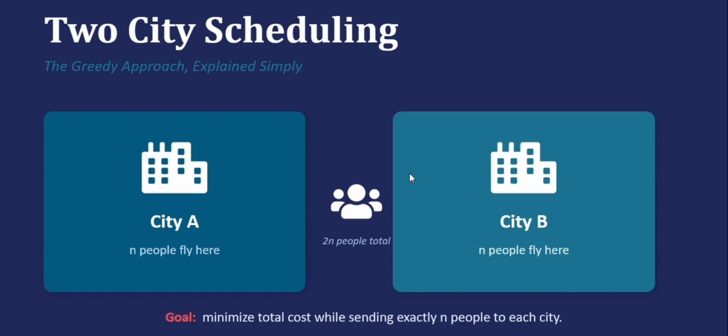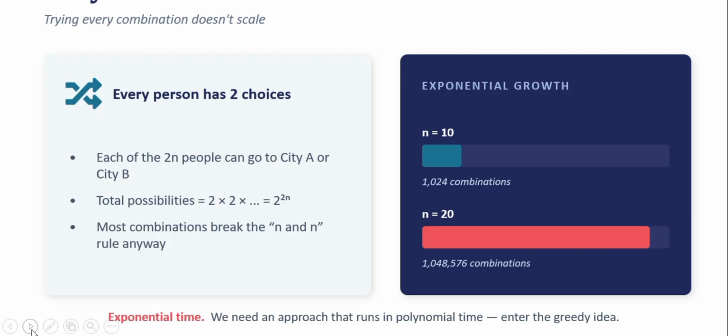For every person we have two choices, and each of the n people can go to city A or to city B. The total becomes 2 to the power of n possibilities, which means exponential time. It's simply too slow for this problem, so we need a smarter approach.